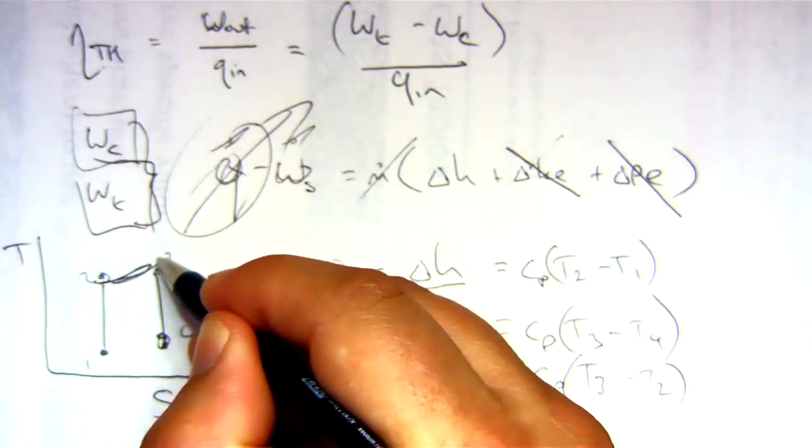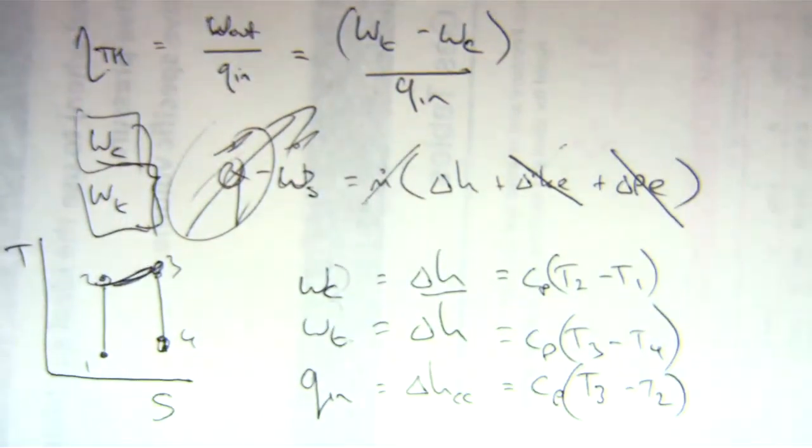So all the way through there, I've got an expression in terms of CP delta T, which means that when it comes time to write down the efficiency, I'm expecting all those CPs are going to cancel out. If I can express all my works and heat transfers in terms of temperature and CP, the CPs all pop out, and I'm left with an expression just of temperature.